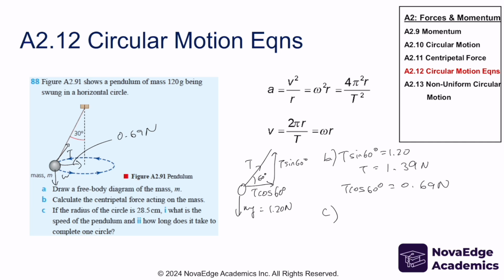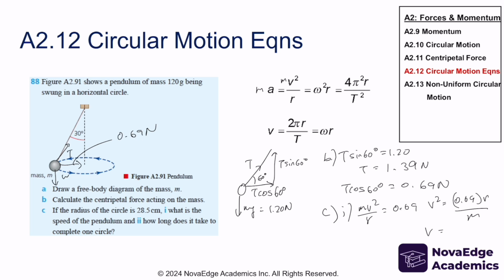C, if the radius of the circle is 28.5 centimeters, what is the speed of the pendulum? I can use these equations. I have that force, mv squared over r, is equal to 0.69. So v squared is equal to 0.69 times r divided by m.